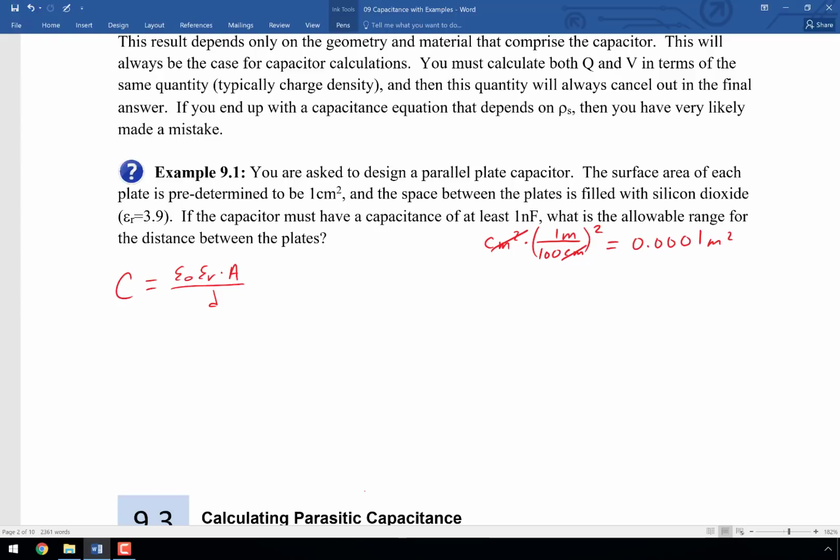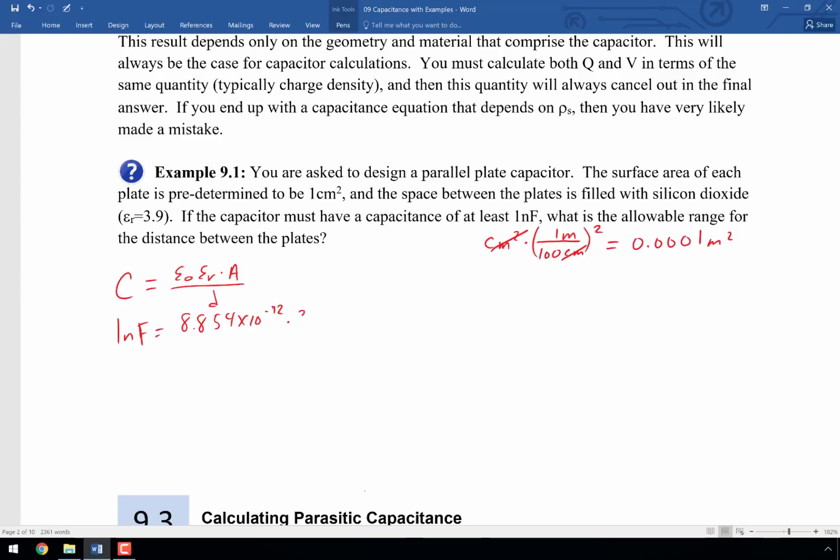I know that my boundary case is that the capacitance must be at least 1 nanofarad, which is equal to epsilon 0, 8.854 times 10 to the minus 12th. Again, I don't need to write the units because as long as I'm consistent and use SI units in every step, they'll all work themselves out.